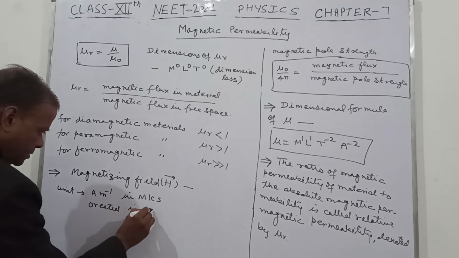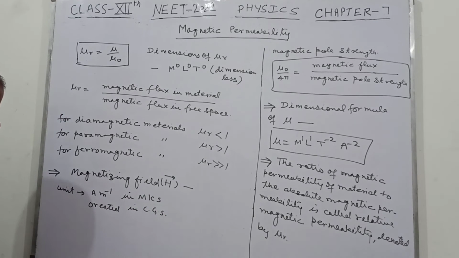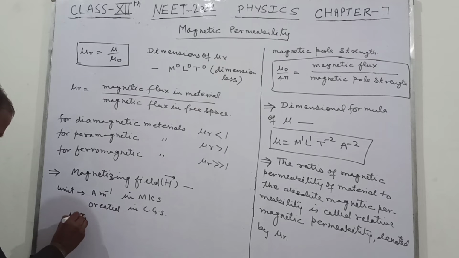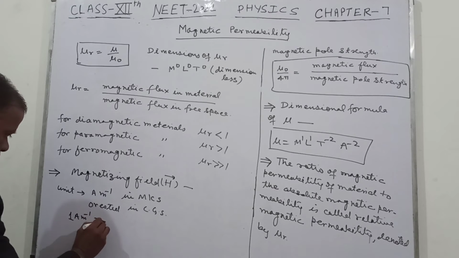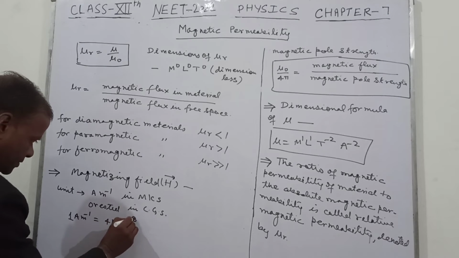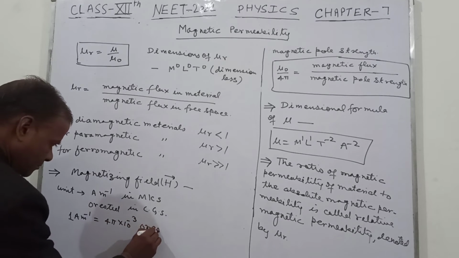in CGS. So 1 ampere per meter is equal to 4 pi into 10 raised to the power minus 3 oersted.